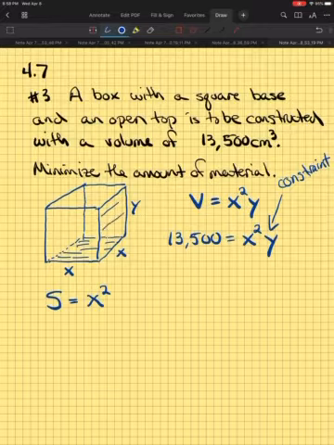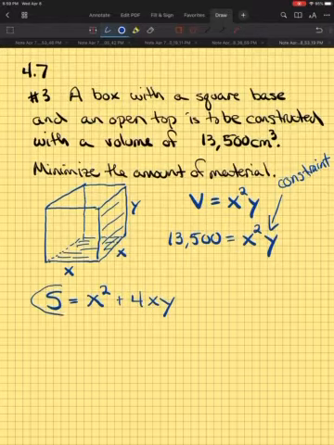However, each side of the box has a surface area of X times Y, and there are 4 of those. So the surface area of this box is X squared plus 4XY. This is the quantity that we're going to minimize.